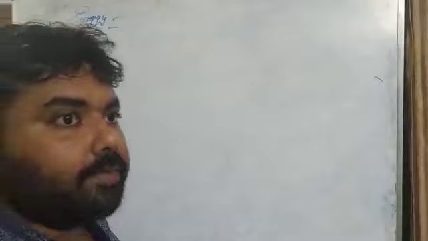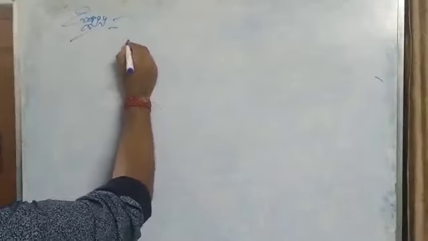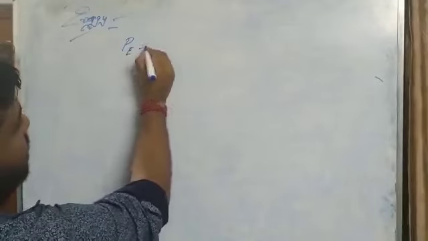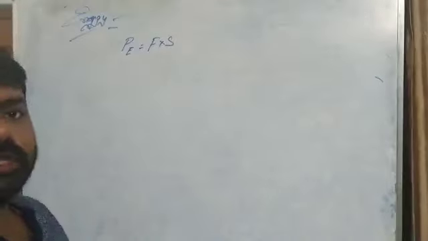Just now we have discussed that work and energy are numerically same. So, energy, that is potential energy, equals F into S. As we have discussed, potential energy is basically based upon the position of the body.